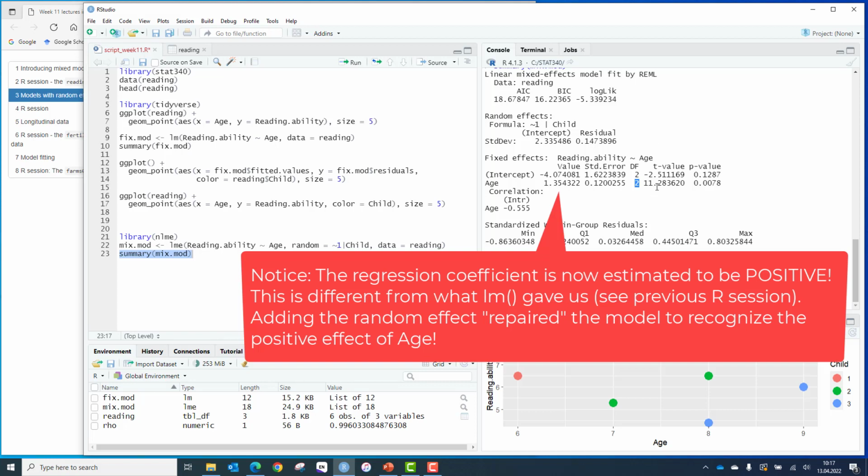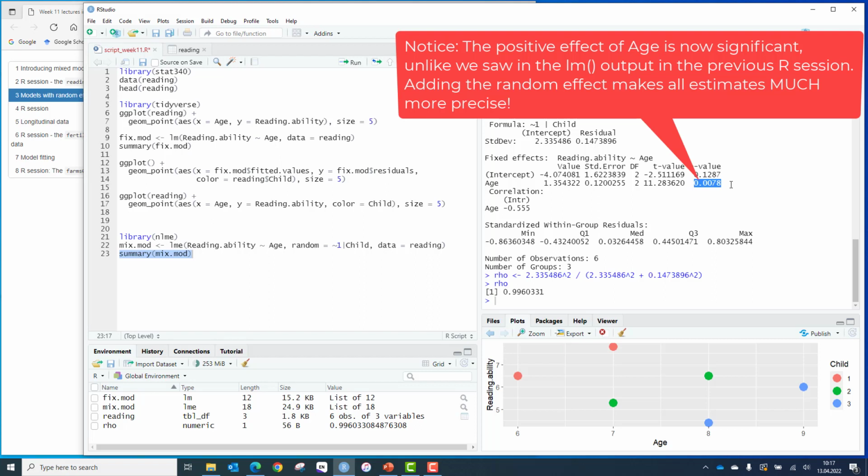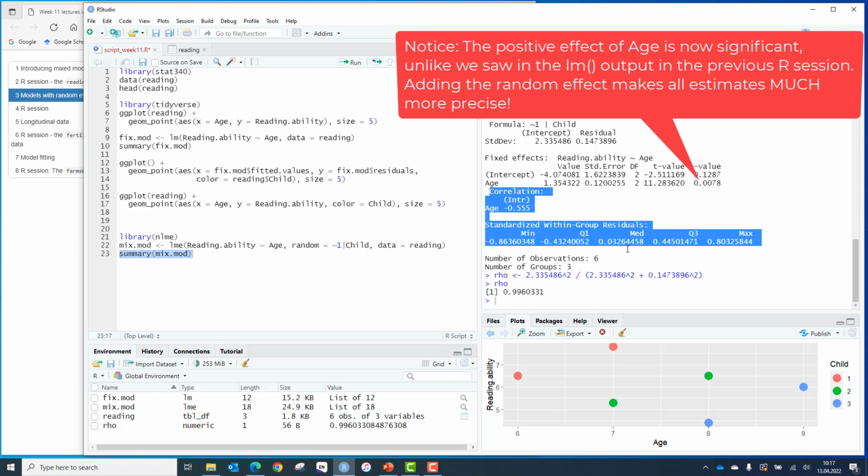We have only the 2 regression coefficients, but we have the standard deviations of the random effects now. We get a t-value here and a corresponding p-value here. And the rest here, the correlation, is not so important for us now.